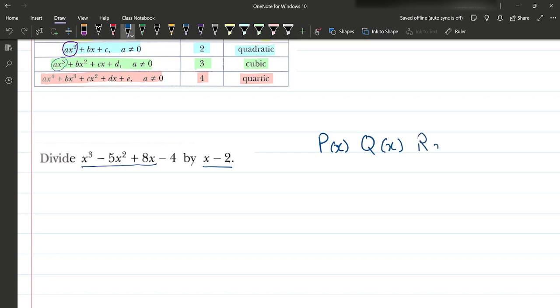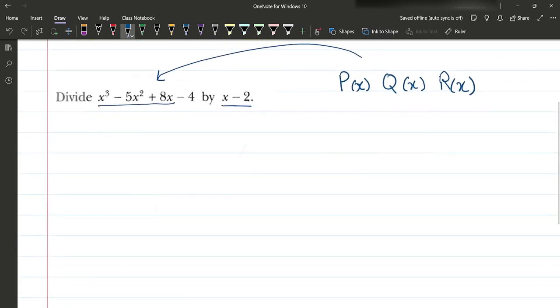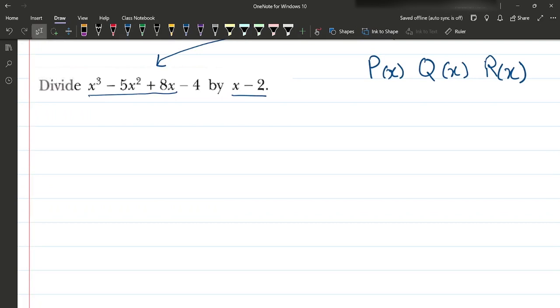You could have r here as well, so this could be expressing this over here, and we're trying to find out. Okay, so one thing to note is if it says, let's say, p of x is a factor of q of x.